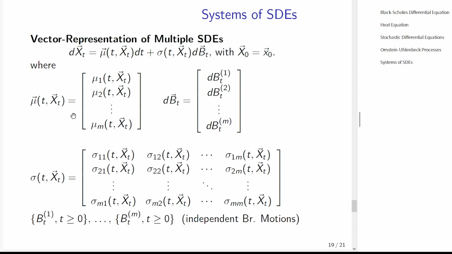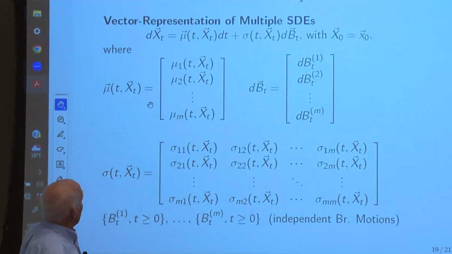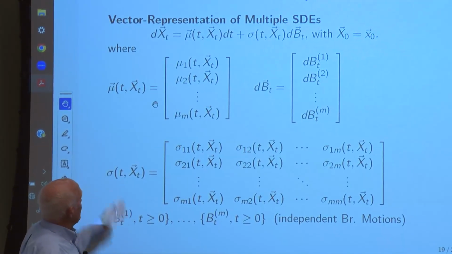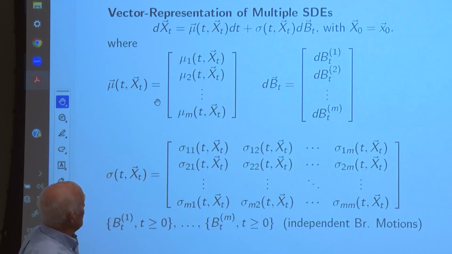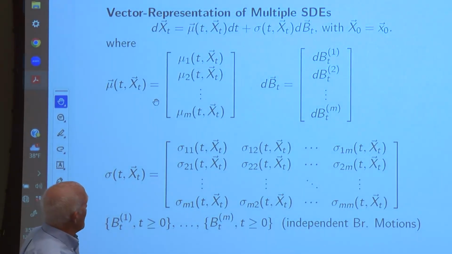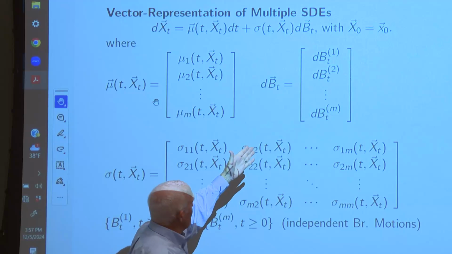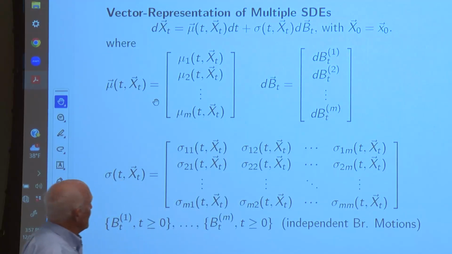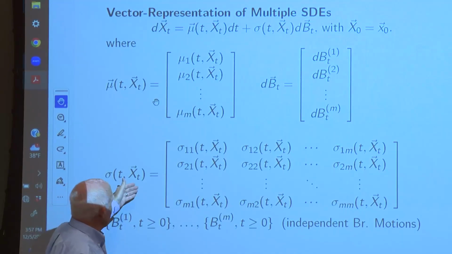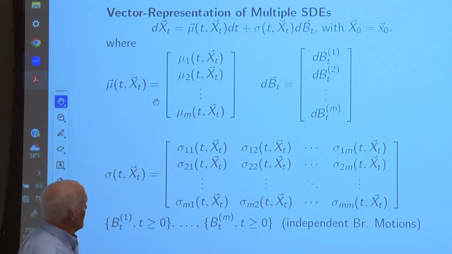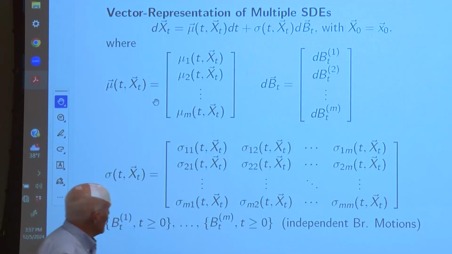So Xt could be m-dimensional, and then we would have a drift rate corresponding to different components of the dimensions, mu1 to mu-m, different Brownian motion terms corresponding to m independent Brownian motions, and then a covariance matrix reflecting how the increments of X are related to each other in terms of the covariance terms in this expression.